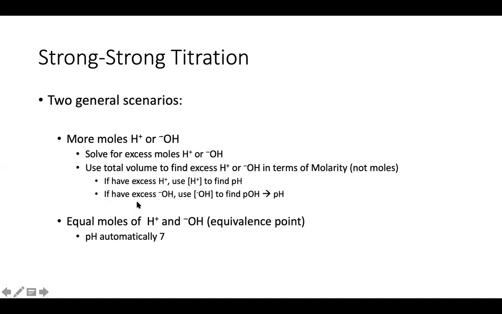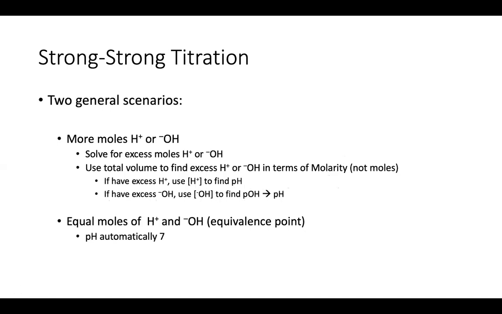If you have excess hydroxide, you would have solved for the molarity of hydroxide, and so you can take the negative log of your concentration of hydroxide to find your pOH. Once you have that pOH value, you can pretty quickly find your pH. Remember that pOH and pH always add up to 14.